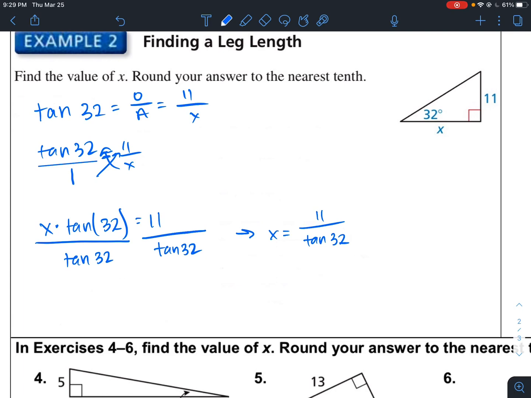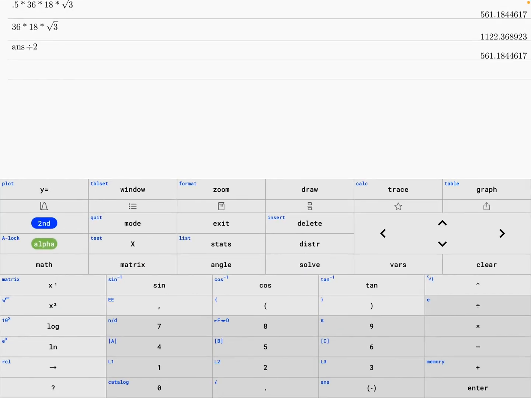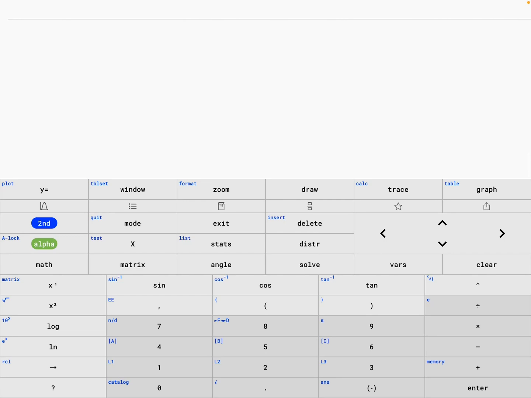So now is where I can use my calculator, and you might have noticed these functions in your calculator. So here, first of all, if you have a calculator, you need to make sure that you are in the correct units. Eventually you'll learn about a different way to measure degrees.